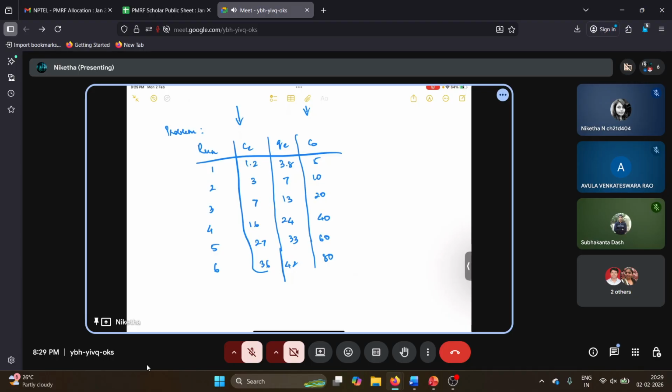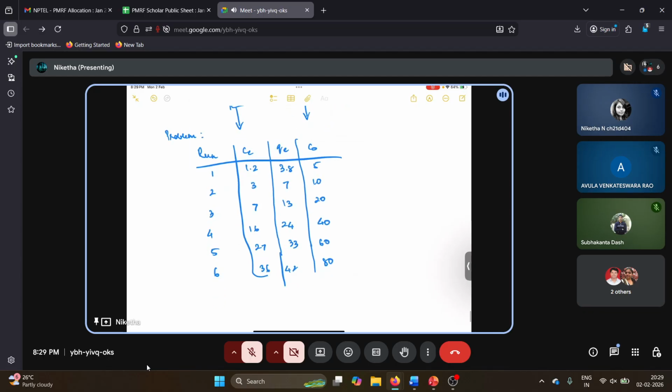In the first cycle of adsorption, the inlet concentration is 5, which you can assume to be in milligram per liter. So 5 milligram per liter is the inlet adsorbate concentration, and the outlet adsorbate concentration is 1.2, again in milligrams per liter.